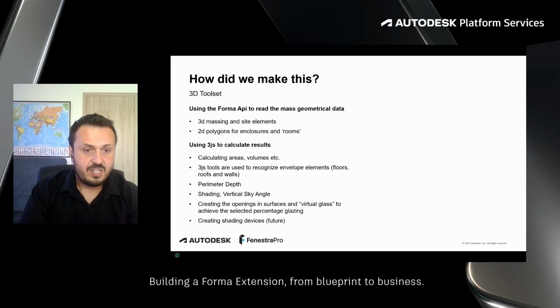Analytical spaces are the most important for us because from the spaces, we can extract and calculate everything else that we need. So if we have separation lines, then we are creating multiple spaces per level.